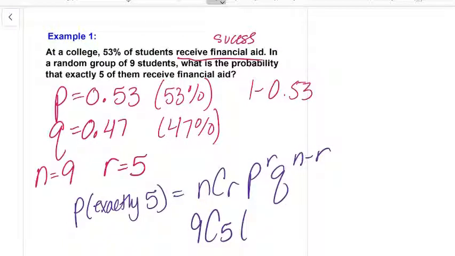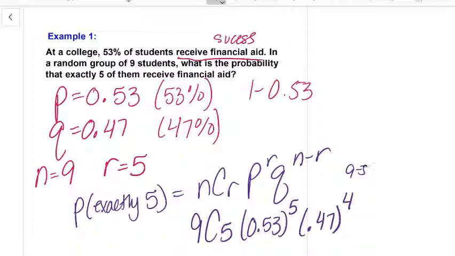The success rate is 53%, and I want 5 of them to be successful. So the success rate to the 5th power, and the fail rate is 0.47, and that leaves me with 4 to be unsuccessful. So if 5 is successful, 4 is unsuccessful, or 9 minus 5 is 4.